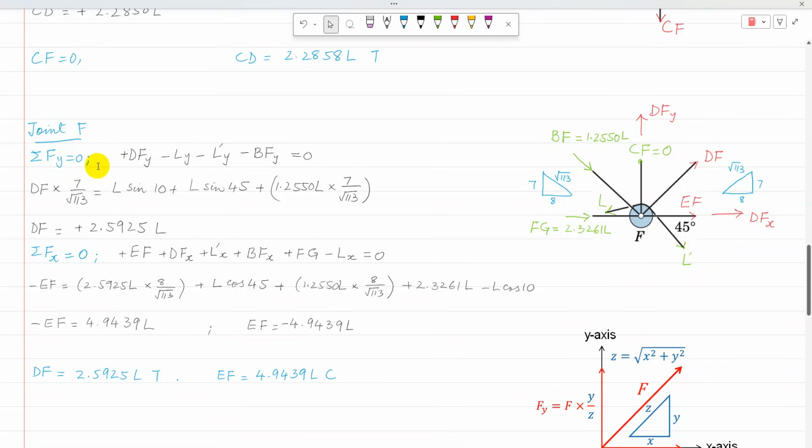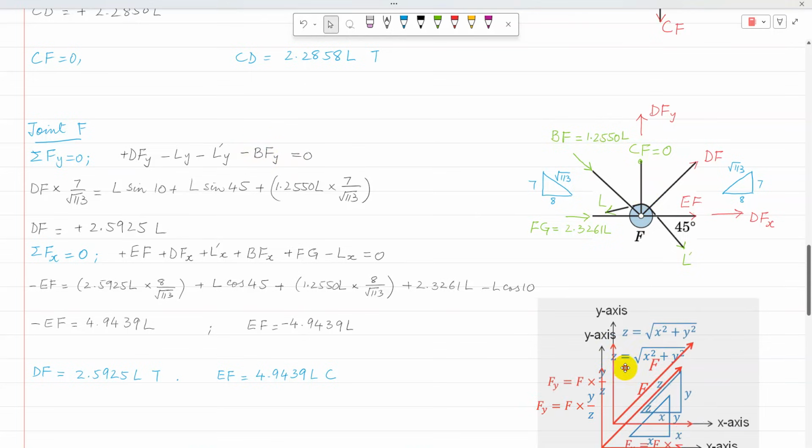So applying sigma Fy equal to 0, DFy is positive. Then for this tension, its component is downward, minus Ly, and for the other side of the tension, its component is also downward, so minus L dash y. And BF's component is acting vertically downward, which is minus BFy.